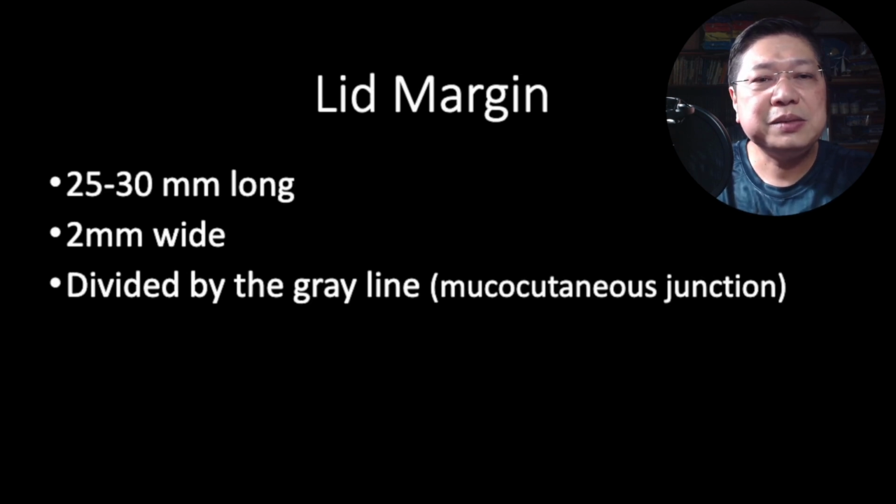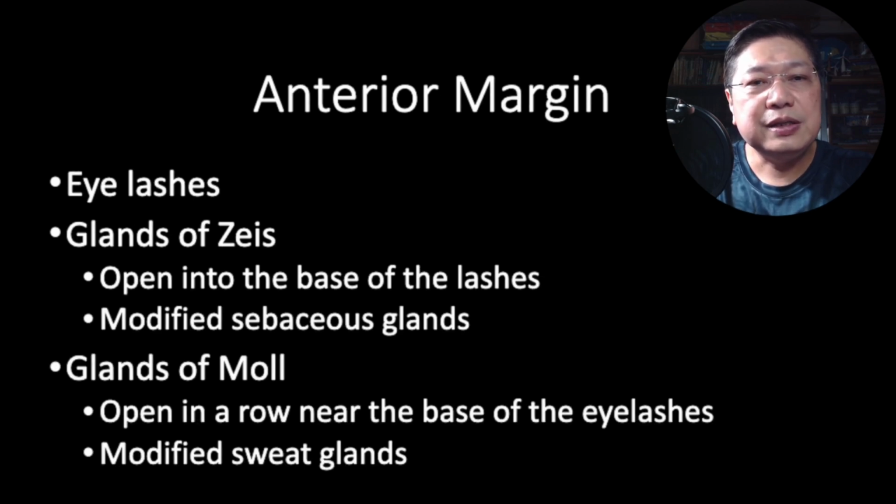The lid margin is about 25 to 30 millimeters long. It's about 2 millimeters wide. That means it's not a single line. And it's divided by a gray line called the mucocutaneous junction. The front part, you have the eyelashes, you have the glands of Zeiss, which open to the base of the lashes, and they are modified sebaceous glands.